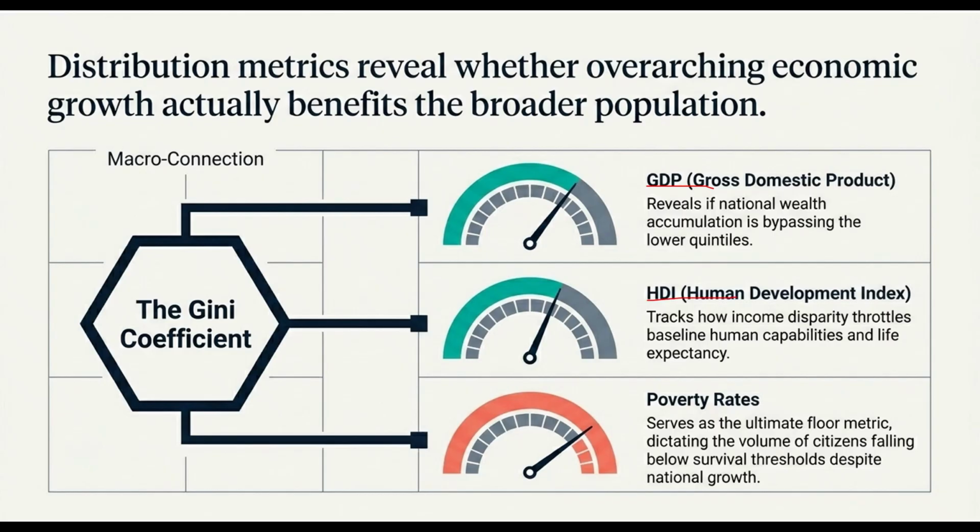So it measures factors like education, life expectancy, and living standards. High inequality often reduces these human development outcomes, right? And what about poverty rates? It also reveals how many citizens remain below basic living standards despite economic growth. Therefore, economists use inequality metrics to determine whether economic progress benefits the entire population or only a small group. Got it?